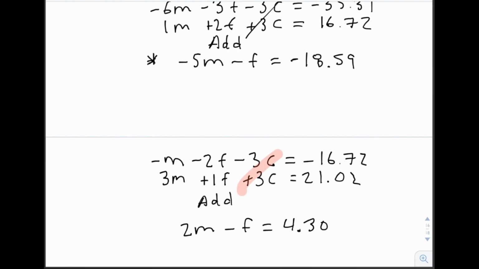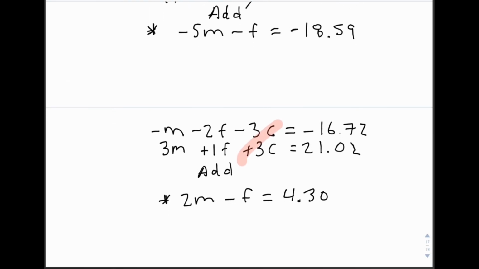So we can look at these 2 remaining equations and try to figure out what one of the item prices is going to be. We have 2m minus f equal to 4.30, and we have -5m minus f equal to -18.59. Let's figure out what we need to do. We can multiply that bottom by -1 in order to cancel out our f's here.